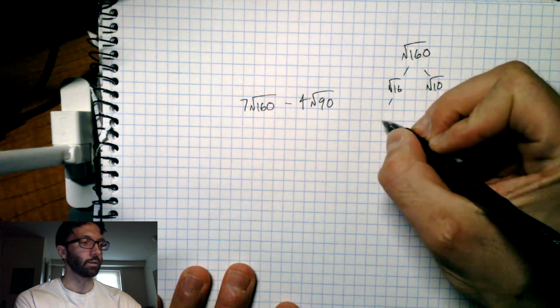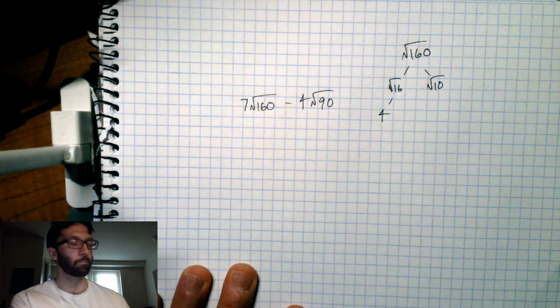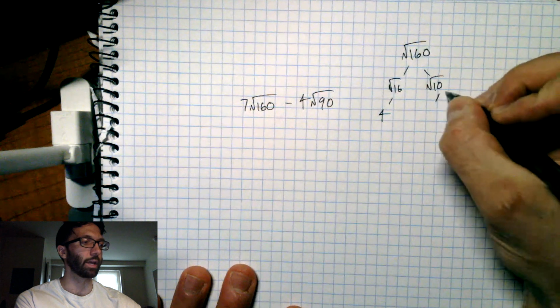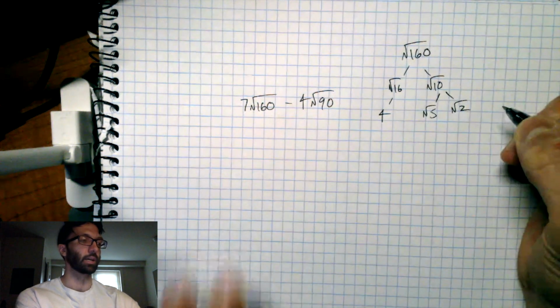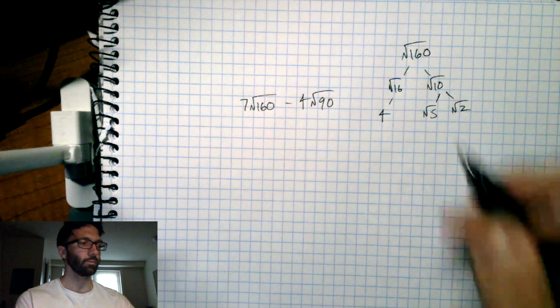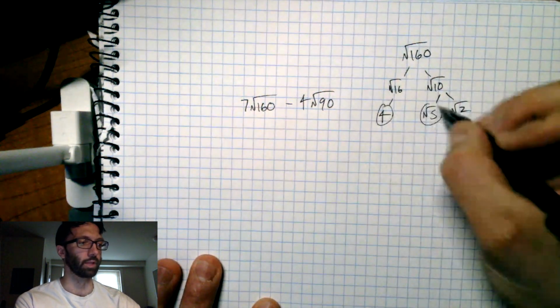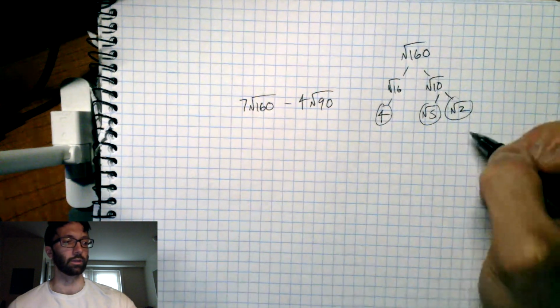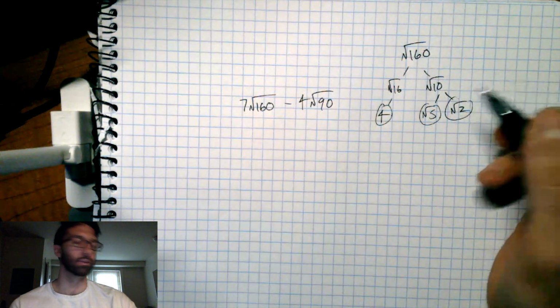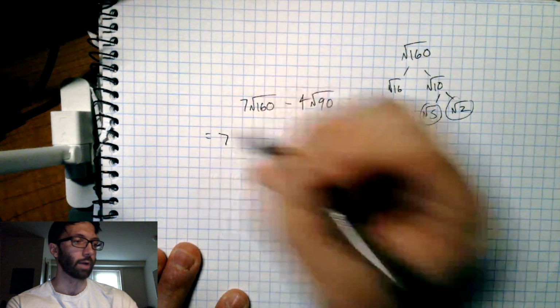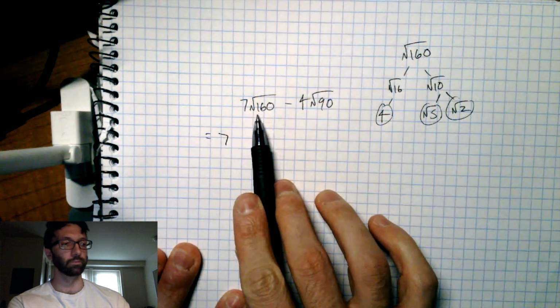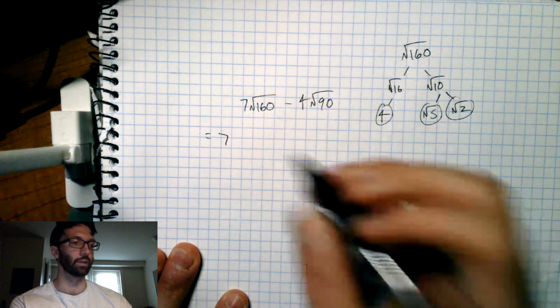Root 16 simplifies to just 4. And then root 10 I can technically factor into root 5 times root 2, but I'm just going to end up multiplying them together to give me my root 10 back anyway. So it's just going to be 4 root 10 here. So I will substitute root 160 with 4 root 10.